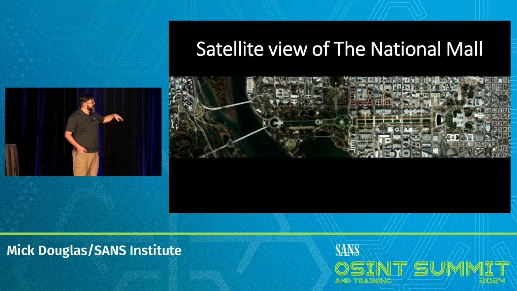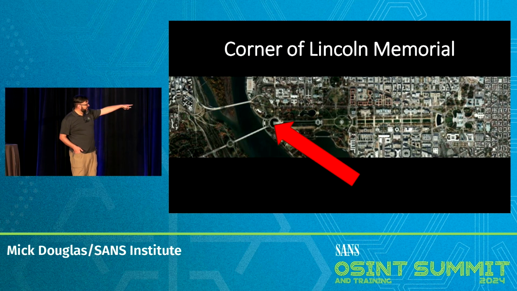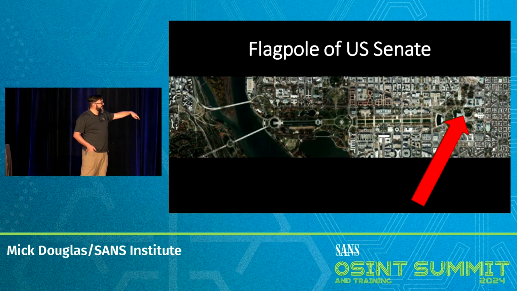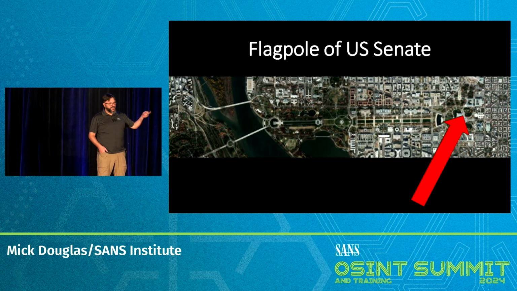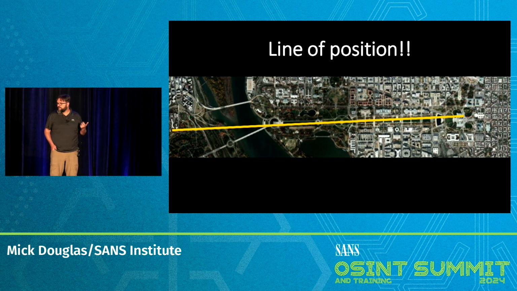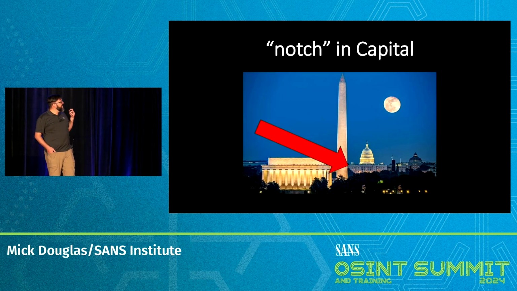Here's a picture of the National Mall. Now, I was zooming in and out when I was placing these lines, but here's how this works. That's the corner of the Lincoln Memorial that we saw in the prior picture. That's where the flagpole of the U.S. Senate is. You put your line of position. That's that. It's a little tedious, but my goodness, it works.